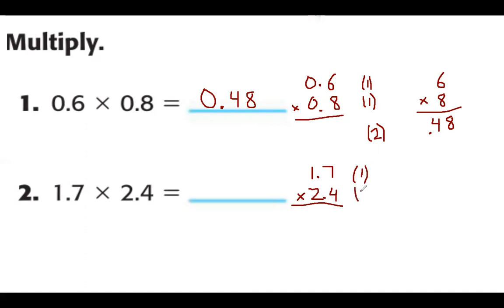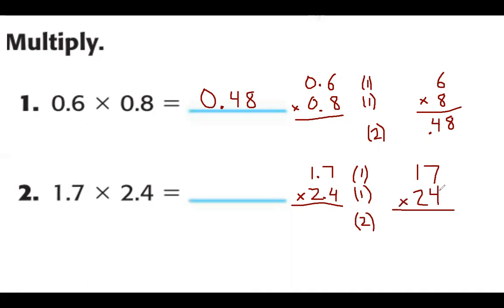And in 2 4/10, I also have one number behind my decimal. So again, just like the problem we just did, that means in my answer, I'm gonna need 2 numbers behind my decimal. And you do not have to do this, but I like to rewrite it without them. So now, instead of 1 7/10 times 2 4/10, I'm simply looking at 17 times 24.